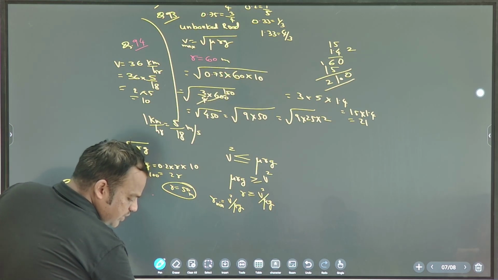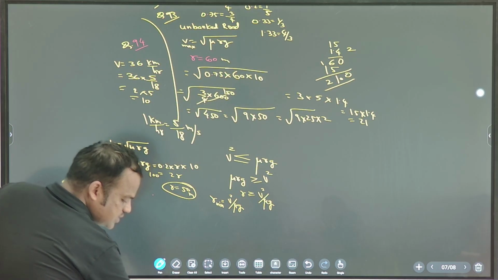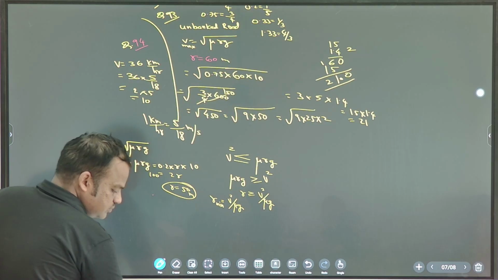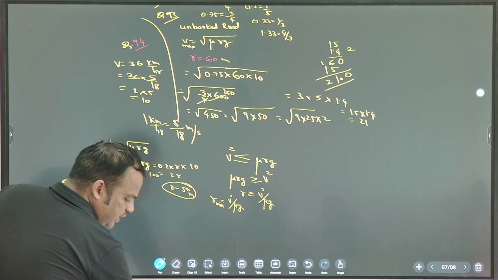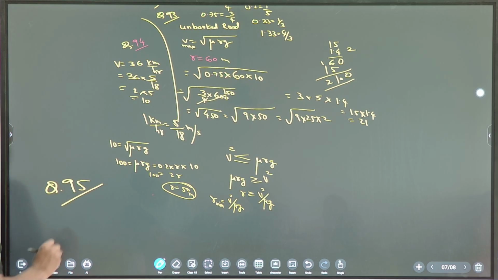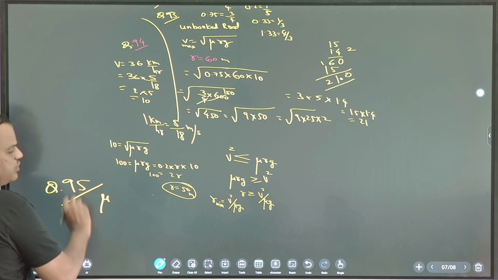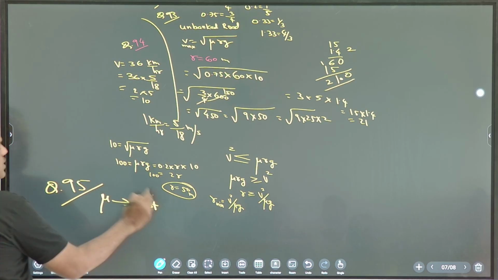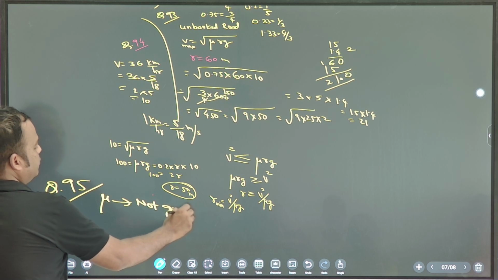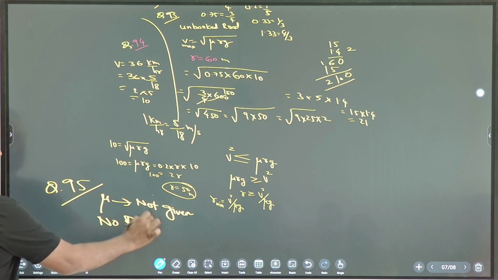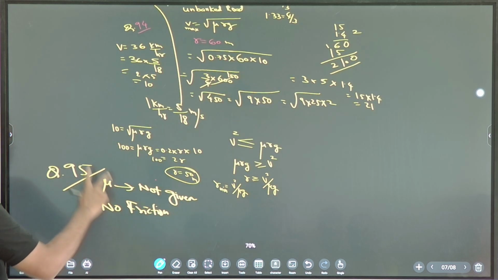Circular curve highway designed for traffic moving at 72. Radius of curved path is 100. What is the correct banking angle? So is mu given or not? Not given. So it is the second case, second formula. Mu not given means no friction.